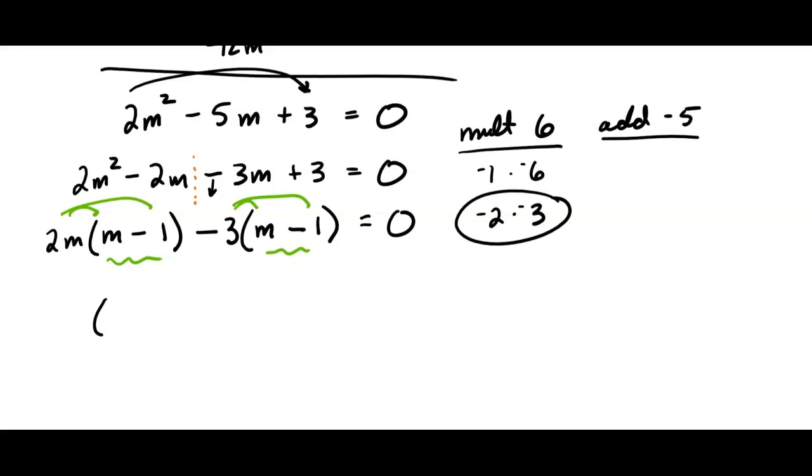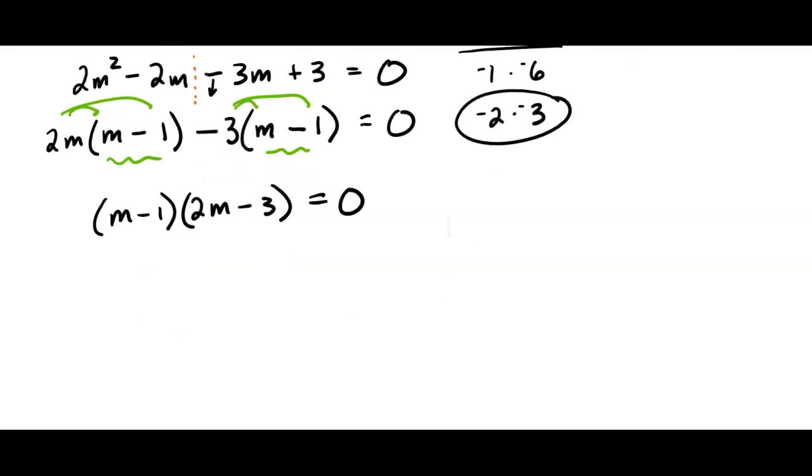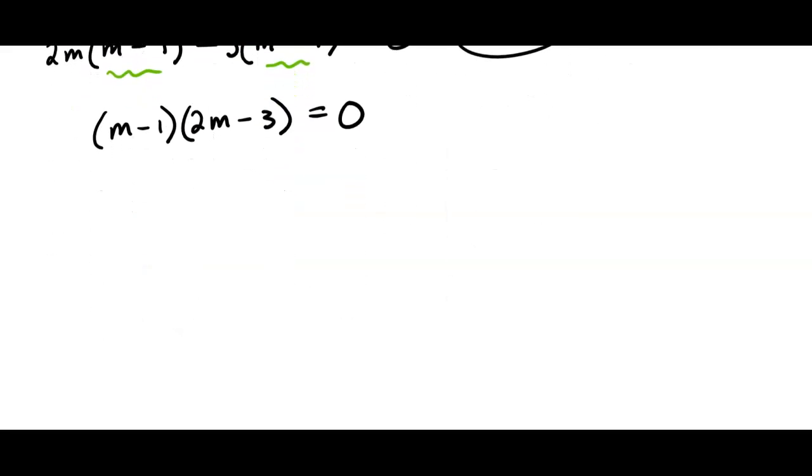Okay, so one of our factors is m minus 1. The other factor is 2m minus 3. Now, and this all equals 0. If you want to write the 2m minus 3 first, you can. Multiplication is commutative. Okay, so finally, we got it set to 0. We got the polynomial factored, and now we can say either m minus 1 equals 0 or 2m minus 3 equals 0.